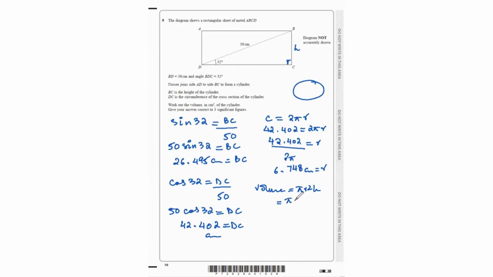So pi times 6.748 squared times the height, which is 26.495. That's going to give us 3790.22. They want the answer correct to 3 significant figures. So 3790 centimeter cube is the volume of the cylinder.